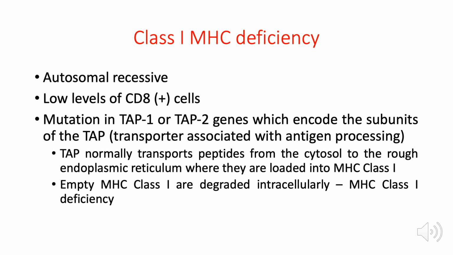Thus, this one will lead to deficiency of MHC class 1. But the question now is, why is there a decrease in the number of CD8 positive T cells or T cytotoxic cells?